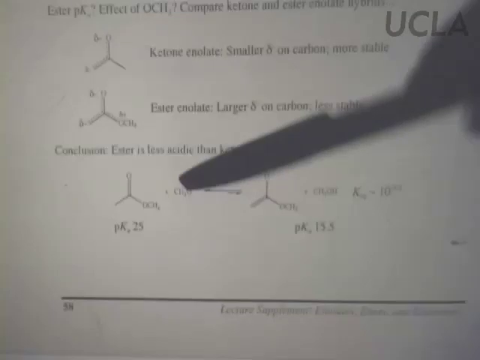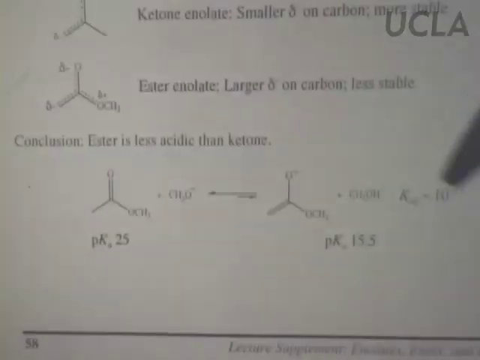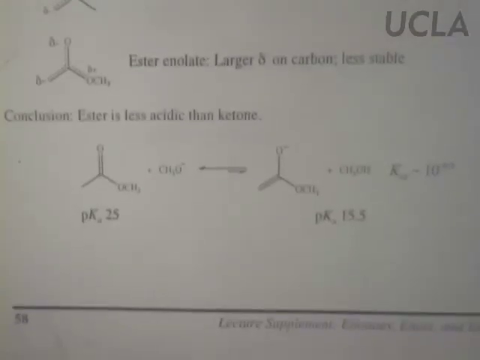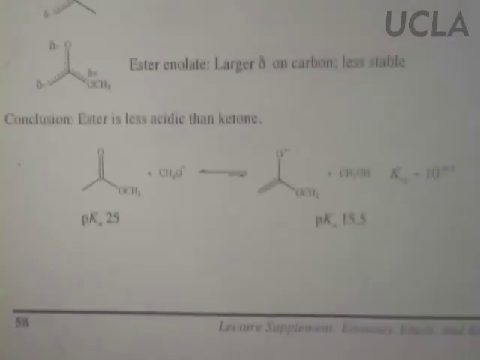So in this case, if we use methoxide and the ester, the equilibrium constant is something like 10 to the minus 9.5, and that means somewhere between only 1 in 1 billion and 1 in 10 billion of the esters are actually in the enolate form. So if you do this, you have a whole bunch of ester and only a tiny, tiny amount of enolate.